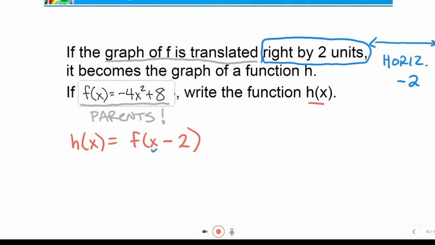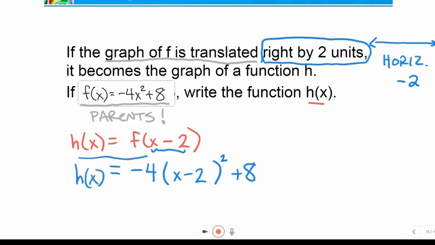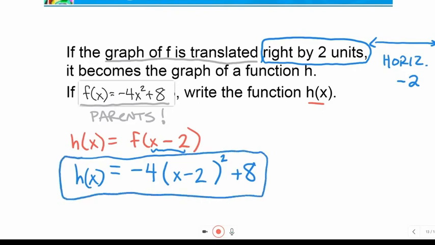So now this x minus 2 gets plugged in. So it's going to be negative 4, and instead of writing x squared, I'm going to write x minus 2 squared plus 8. That is my new function. Inside the parentheses, outside the parentheses, inside the function, outside the function.